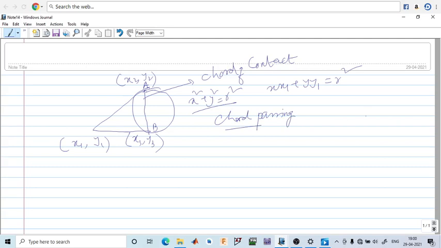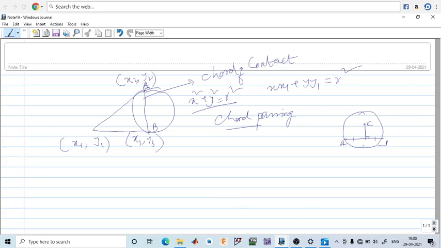So suppose this is a circle, and suppose this is a chord AB, and this is the center. I am drawing a perpendicular to the chord, so that this length and this length must be equal.